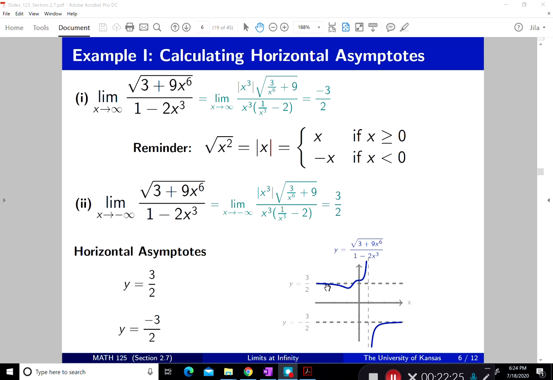Looking at the picture, you see that there's a horizontal asymptote at 3/2 on the negative infinity side, and a horizontal asymptote y equal to negative 3/2 on the positive side in end behavior. Another thing to notice is that the function actually crosses the horizontal asymptote and then gets closer and closer to the end behavior.